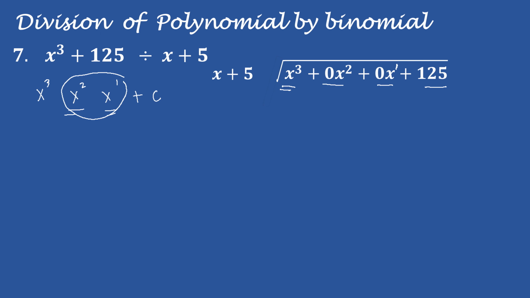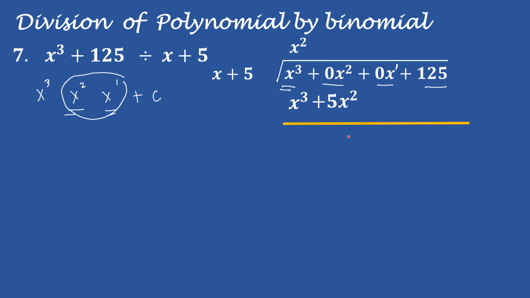So let us still apply the process: the first term of our dividend, x cubed, divided by x gives us x squared. X squared times x is x cubed, and then x squared times 5 is 5x squared. And see, we're able to align them, the 0x squared and the 5x squared. And then proceed in subtraction.